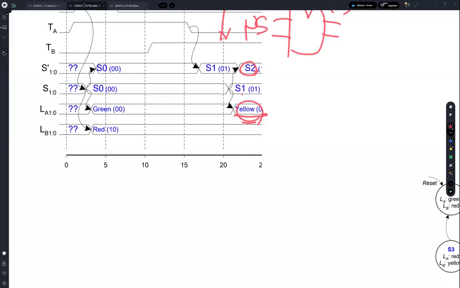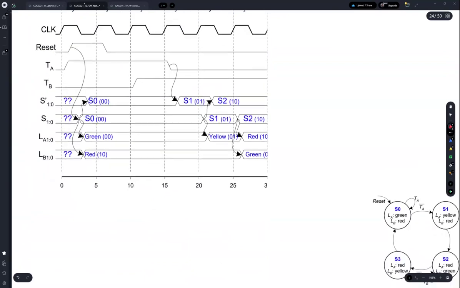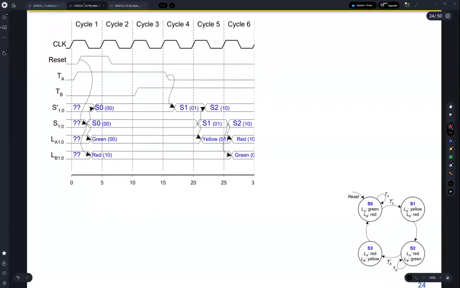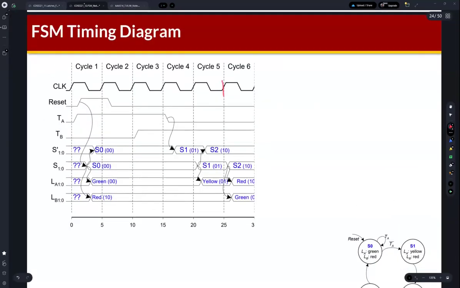So you need to understand this timing difference between next state and current state. At this edge, the clock cycle 6, the next state is S2, so the current state becomes S2 on the rising edge of the clock.